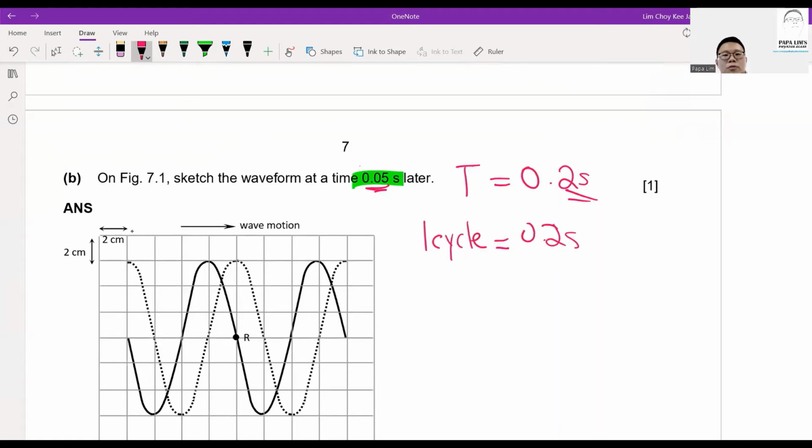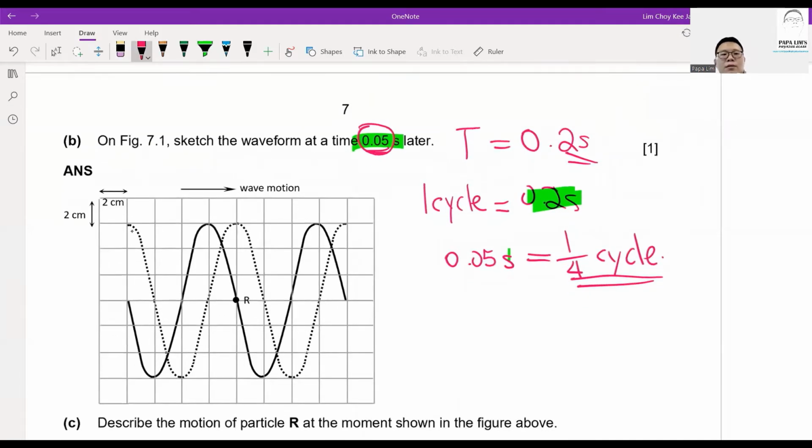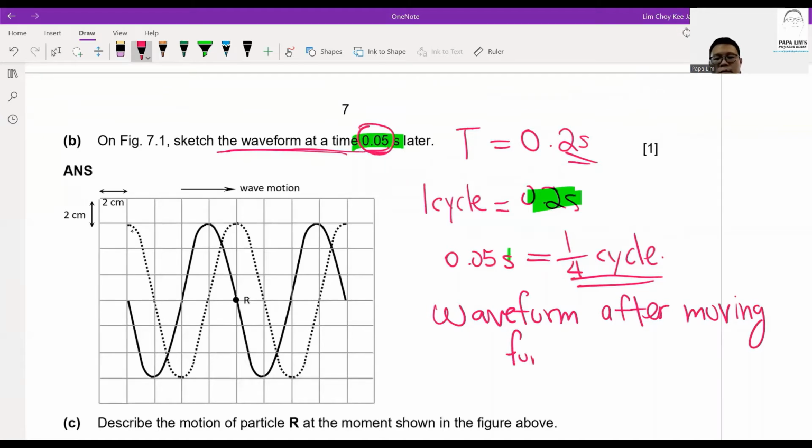So comparing 0.05 with 0.2 seconds, you'll find that 0.05 seconds is a quarter of a cycle. So the question here, the waveform at a time of 0.05 seconds, is telling you to draw the waveform after moving for 1/4 cycle.